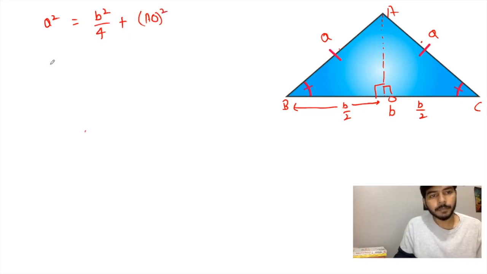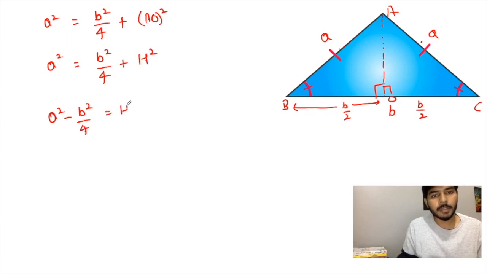Again, you can write A square is equal to B square upon 4, and directly I can write here H square, that represents the height here. I will shift this and write A square minus B square upon 4. Then this is H square.